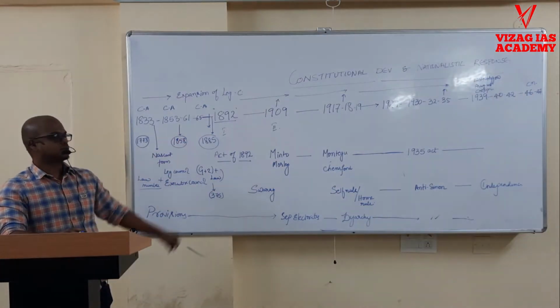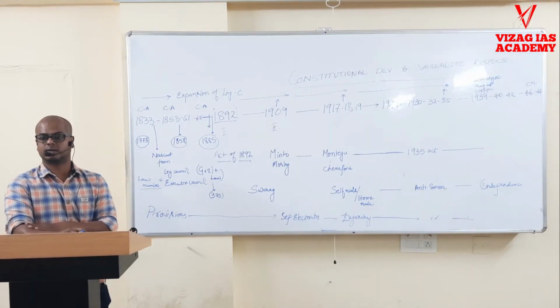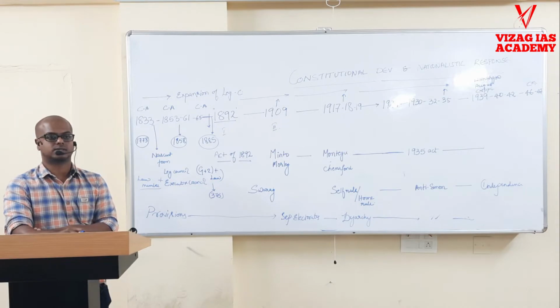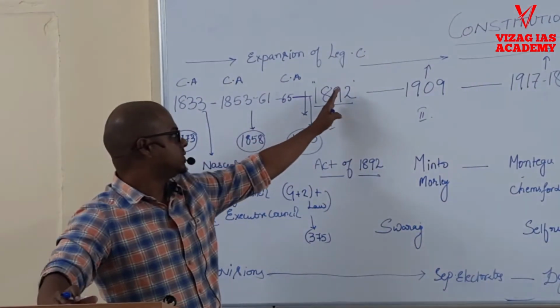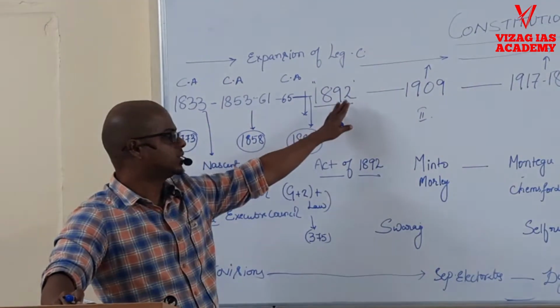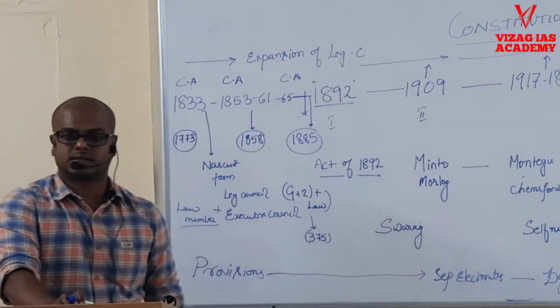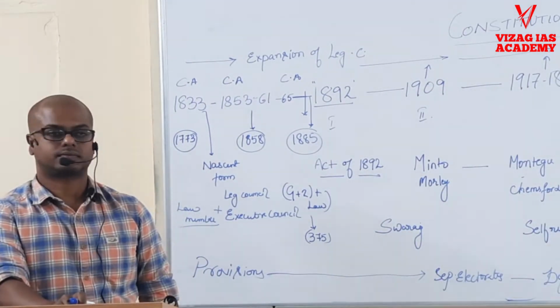So through constitutional means or constitutional reforms, we want an improvement in the governance of the country. That is the chief demand or chief approach of the moderates. So from here onwards, we see an impact or influence of the Indian national movement on the acts that continue thereof.